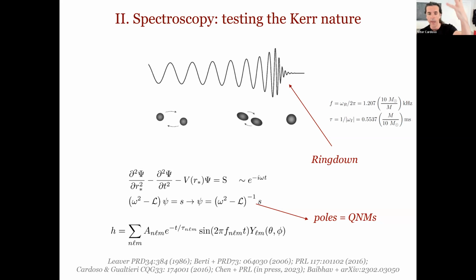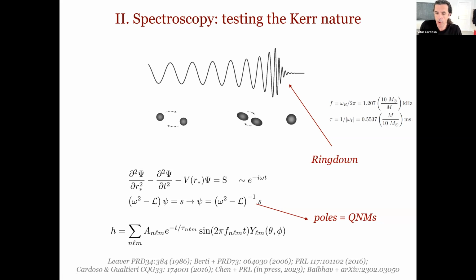For example, the source term S could describe my hand waving close to a black hole spacetime, or it could describe the initial conditions that the merger of those two black holes left behind, okay? Now, because it's a linear equation, we can use traditional tools, for example, doing a Fourier transform. And if you do this, you end up with the resolvent of your equation, a very simple looking operator, okay?